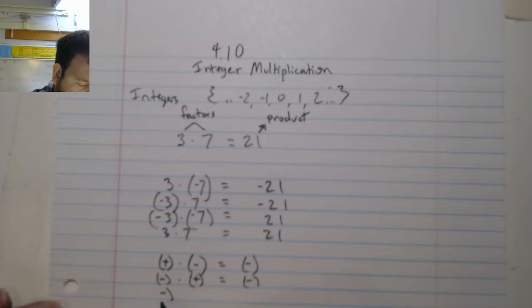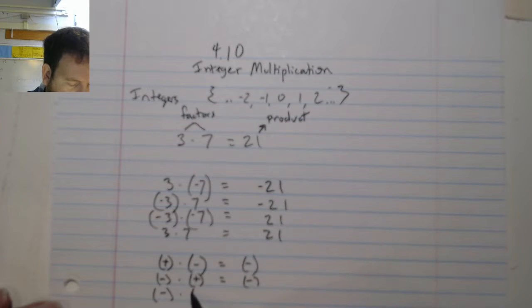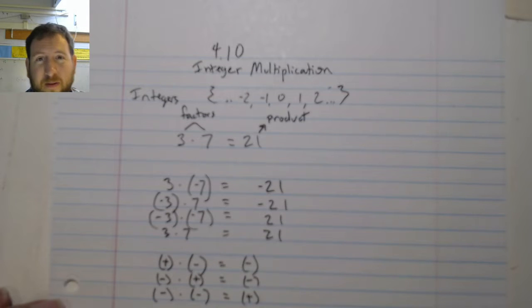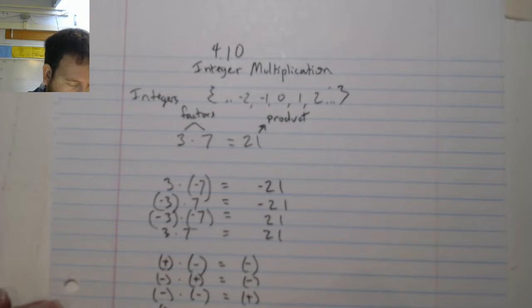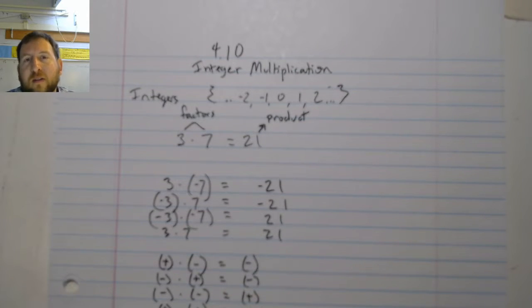Negative times a negative, just like when we were adding, they kind of cancel out. And just like we've always done, a positive times a positive equals a positive. So this is kind of a key to look at what we're doing when we're multiplying.